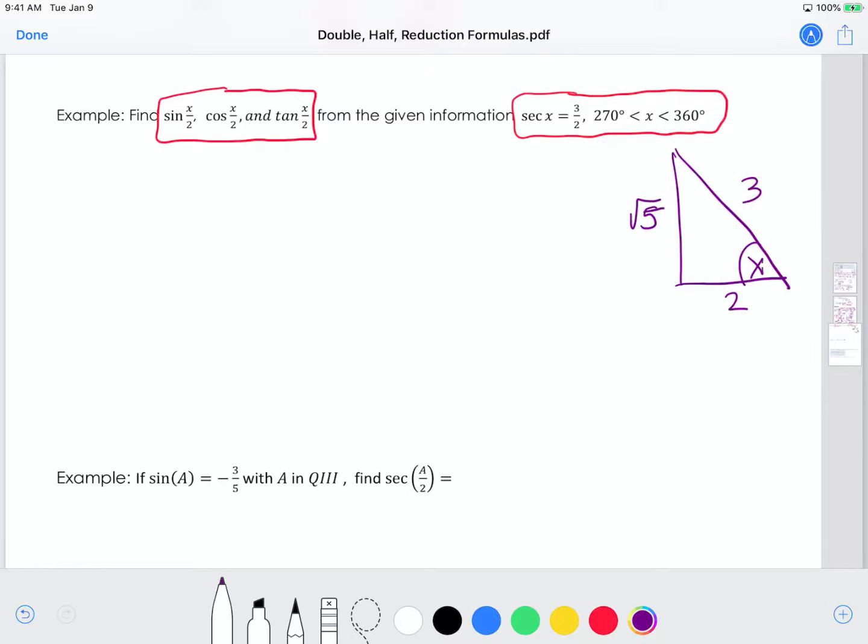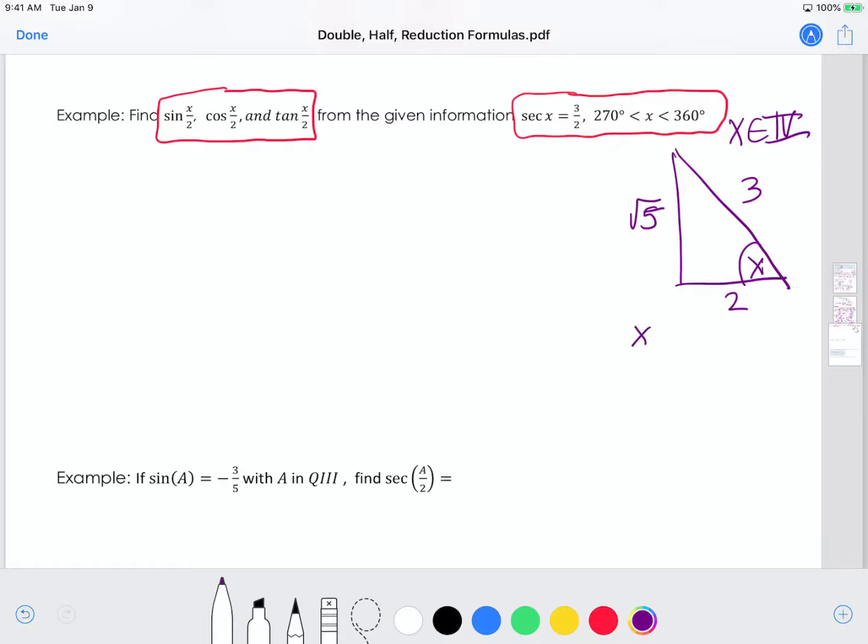Now, angle x is in the fourth quadrant because it's telling you that it's between 270 degrees and 360 degrees. So we need to figure out where angle x over 2 is so that we can figure out sine of x over 2, cosine of x over 2, and tangent of x over 2.